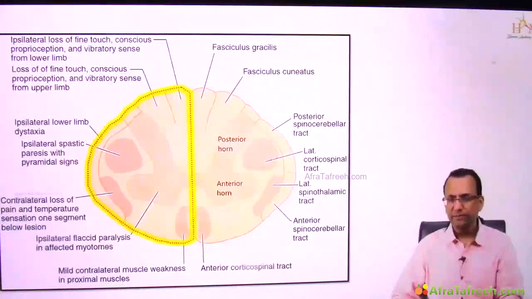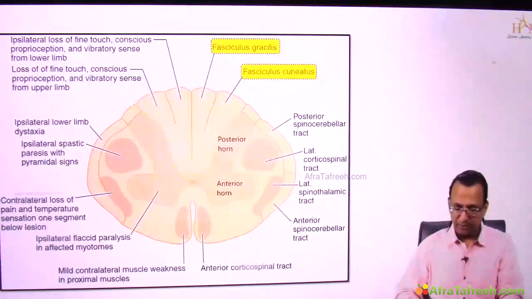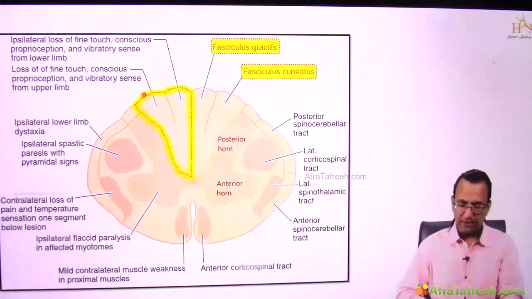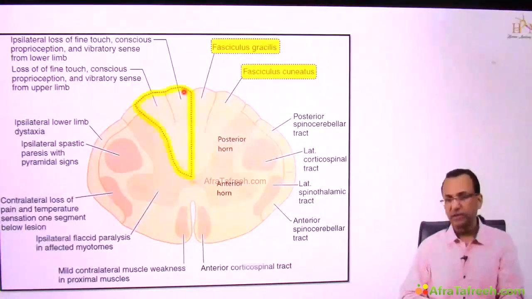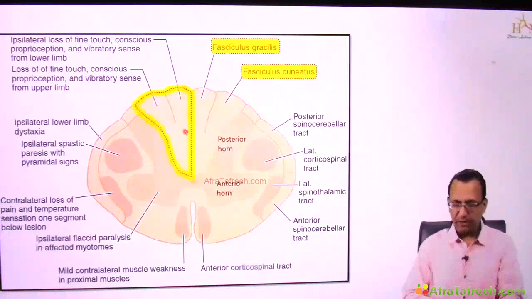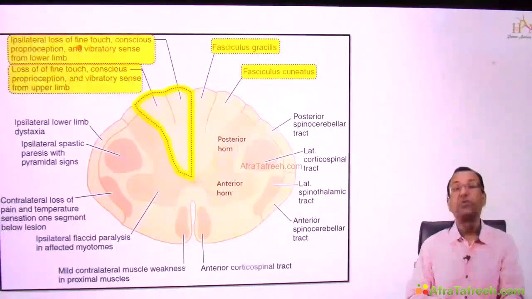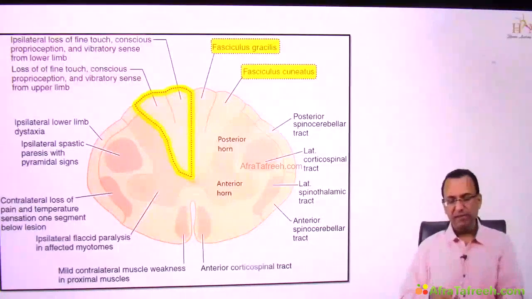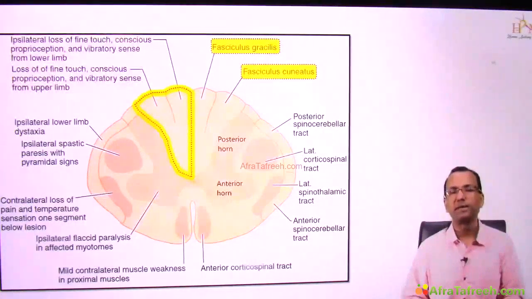Describe your patient. As I am describing my patient, there will be fasciculus cuneatus and gracilis damage on the right side. So if it is damaged on the right side, then what will be the problem? Problem will be on the right side, there will be loss of 5 sensations. What are the 5 sensations lost when dorsal column is damaged?